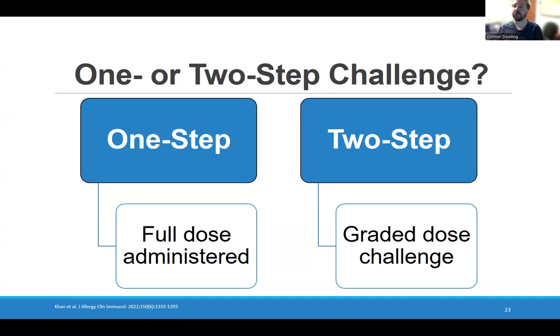So if we're challenging with ceftriaxone, this can be done as a one-step IV administration of ceftriaxone. But here at Norton Healthcare, for our inpatient adults, we do primarily utilize our one-step challenge. This is really just to streamline the process, make it easier for the patient, for the nurse, and for pharmacy alike, just to get it to where we can administer once, observe, and avoid having to go back and re-administer and split doses as well.